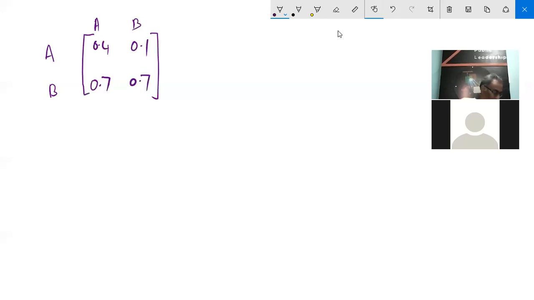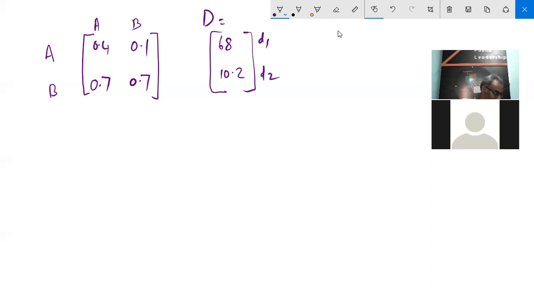And if 68 tons of A and 10.2 tons of B are required as final demand, the D matrix is the final demand: 68 and 10.2, this is D1, this is D2.